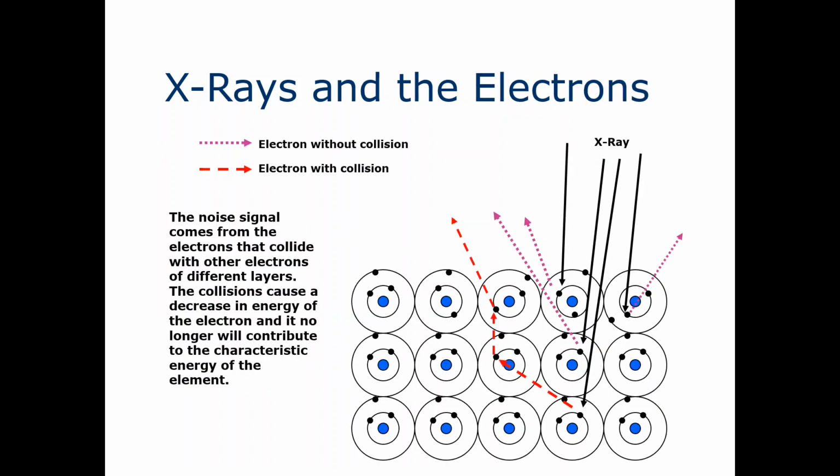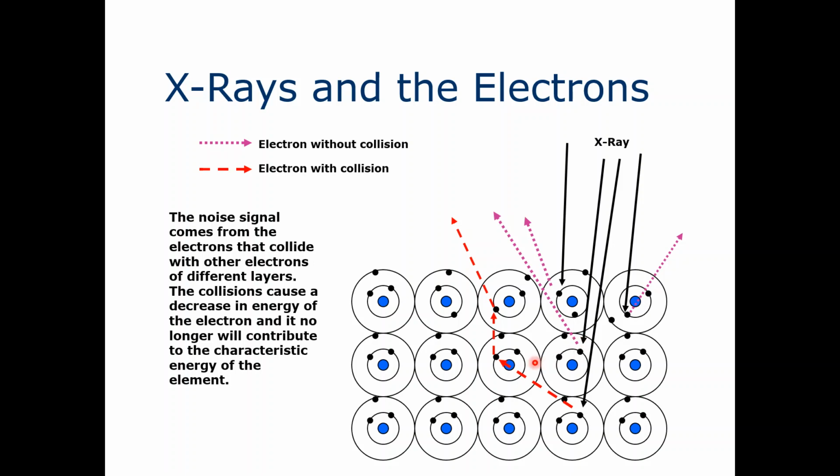Here you can see again in detail the X-rays and the electron interactions. You can see the different layers of the atoms and the interaction of the X-rays with the different atoms. As a result we have two kinds of electrons. One kind comes out from the atom without collision.